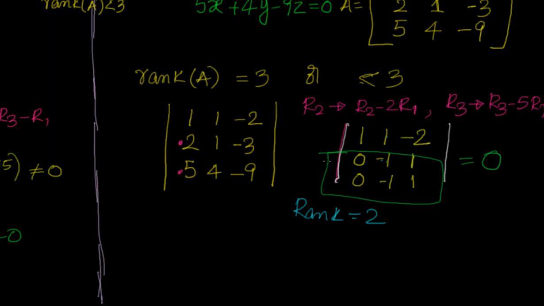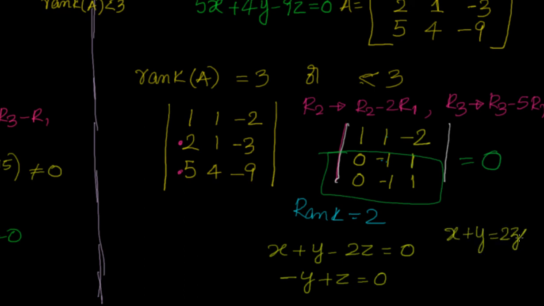I will try to convert this again into equations. It becomes x plus y minus 2z equal to 0, minus y plus z equal to 0. This gives me x plus y equal to 2z and y equal to z.